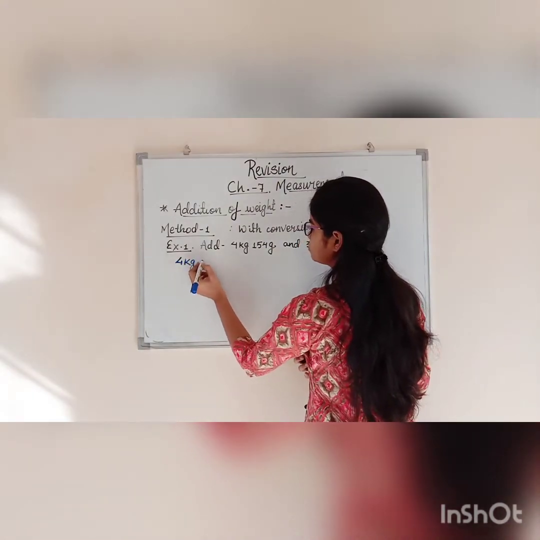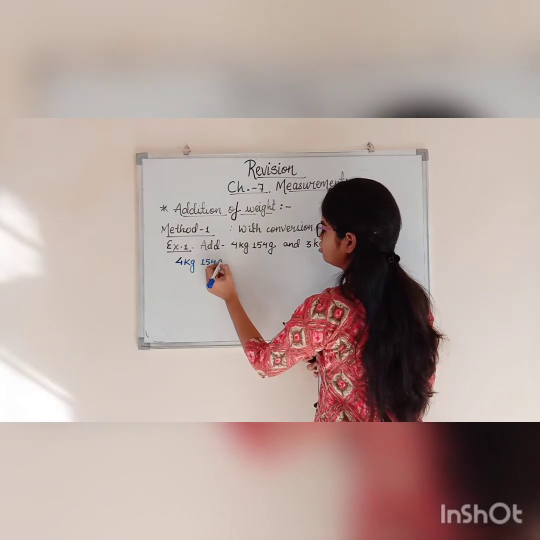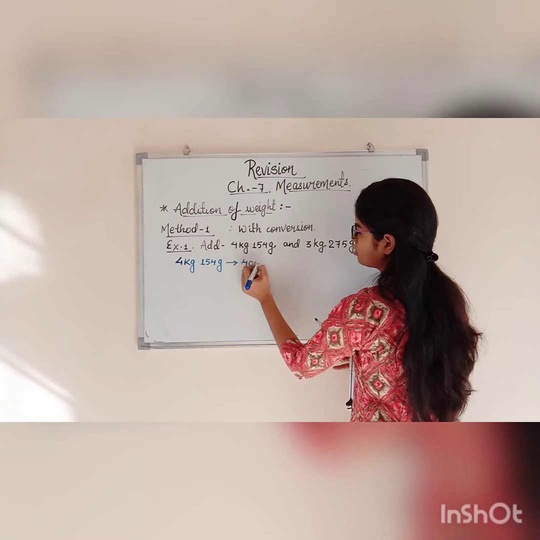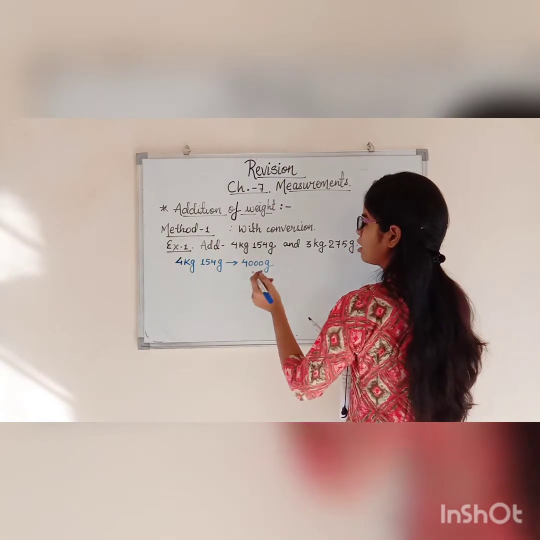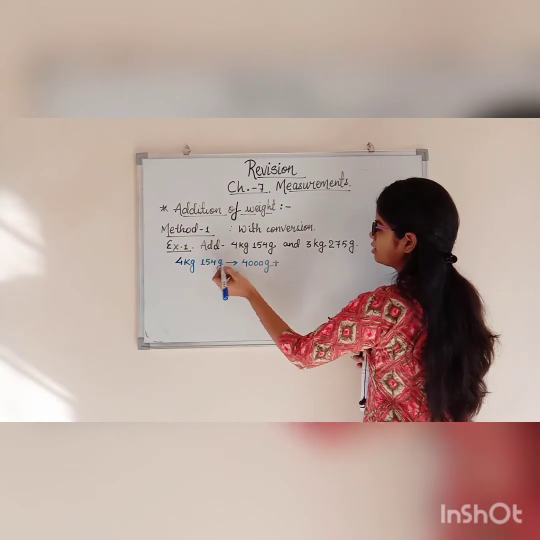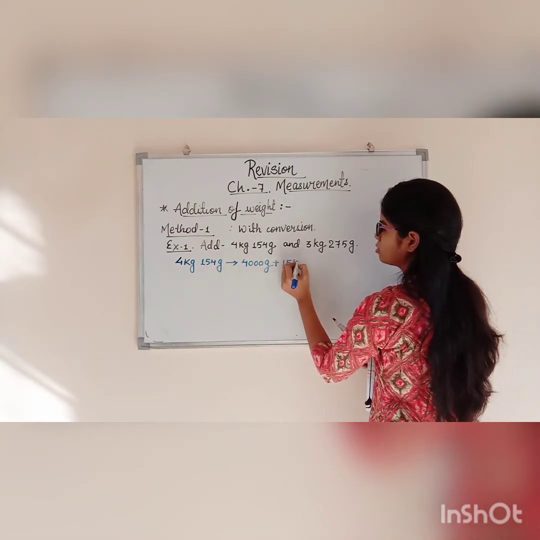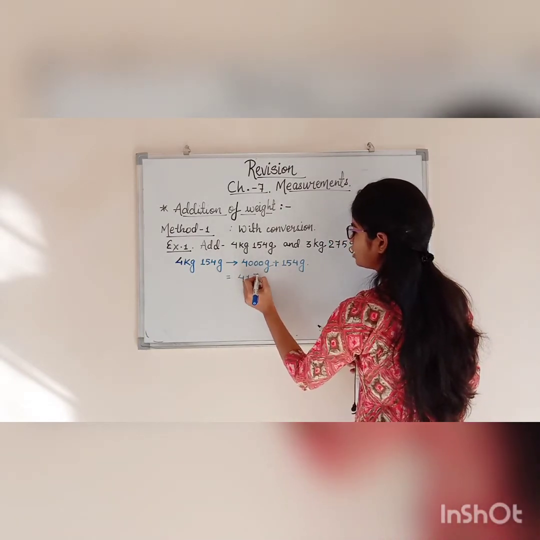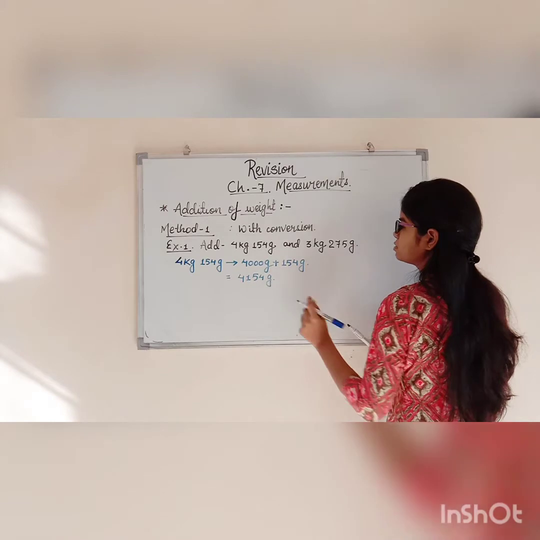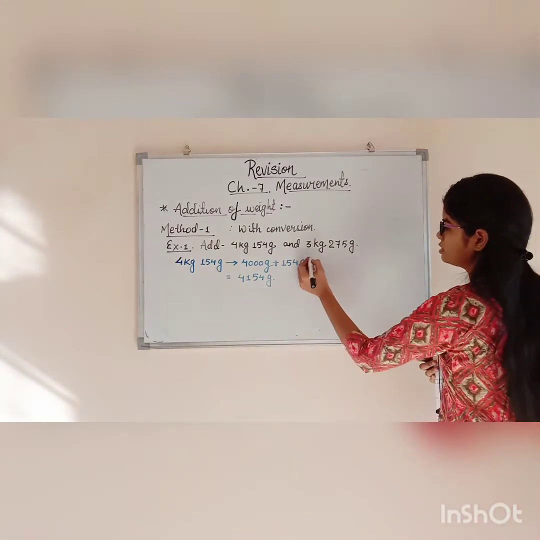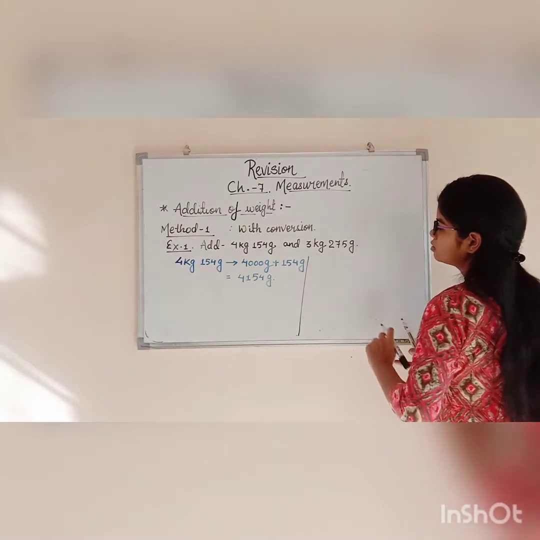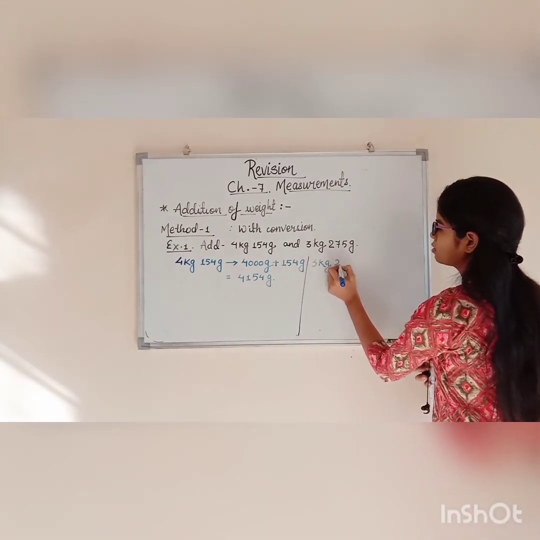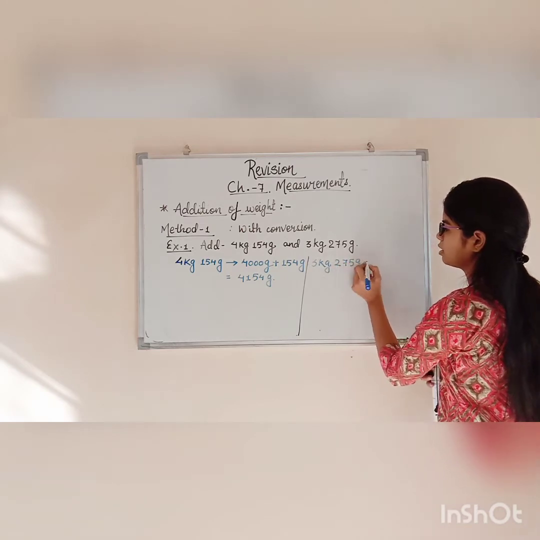So firstly convert 4 kilogram 154 gram into grams. We can write 4 kilogram as 4000 grams and then 154 grams. So the total is 4154 grams. Then the next one is 3 kilogram and 275 grams.